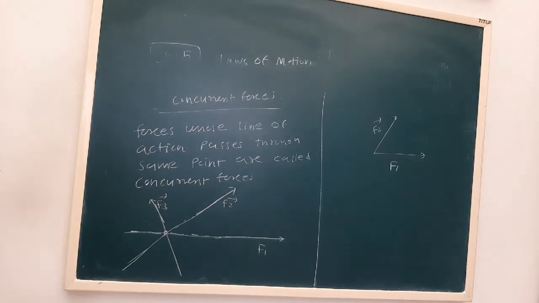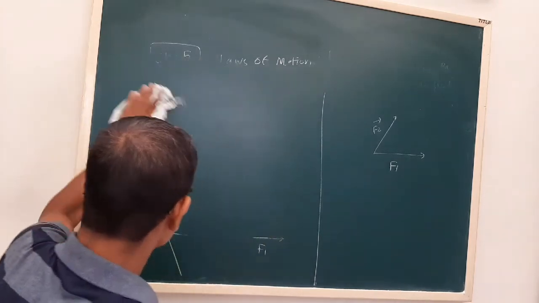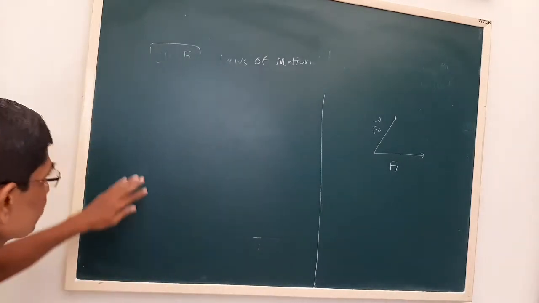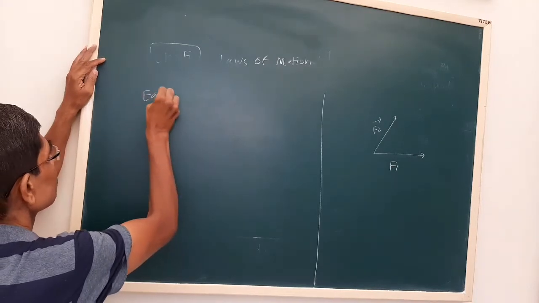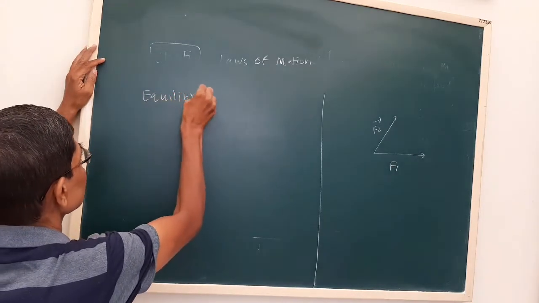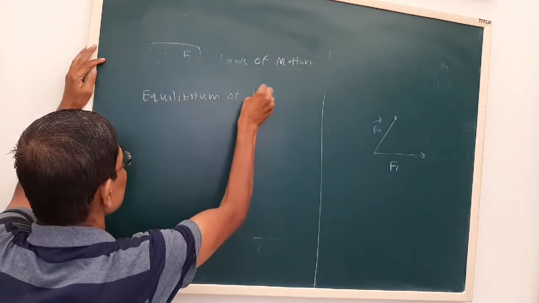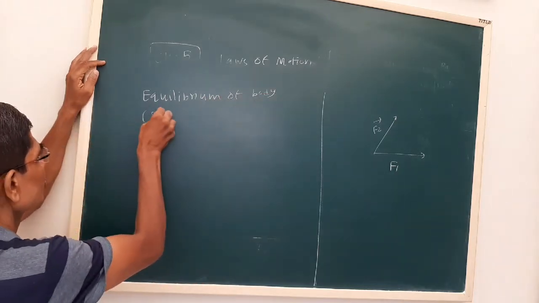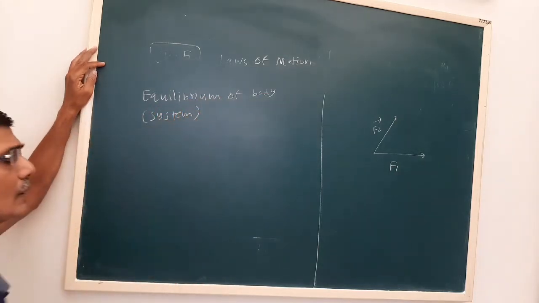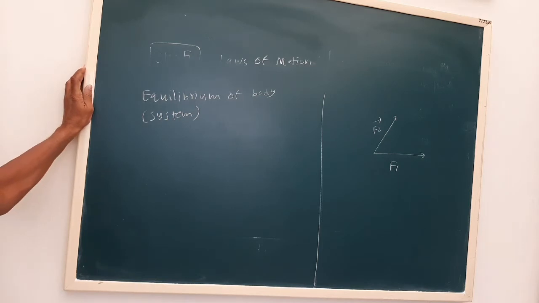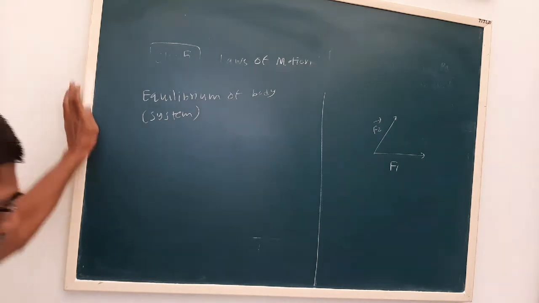Before that, we should see the definition of equilibrium of a body, or in a broad sense, equilibrium of a system.